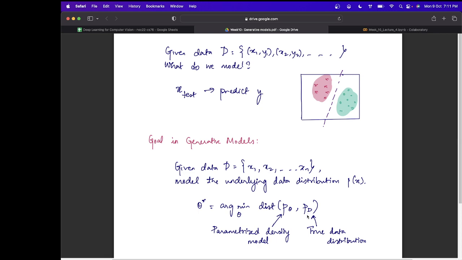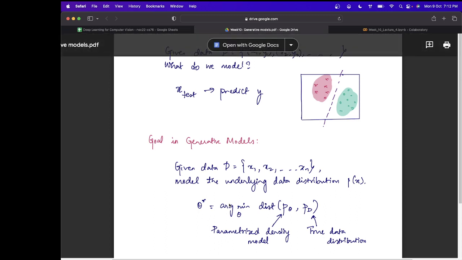Ideally, what we want is for this to be as close to the true data distribution as possible. So basically, we need to select the parameters in such a way that this distribution p theta moves towards p of d, as close as possible. That is what we want to achieve in this particular exercise, right?